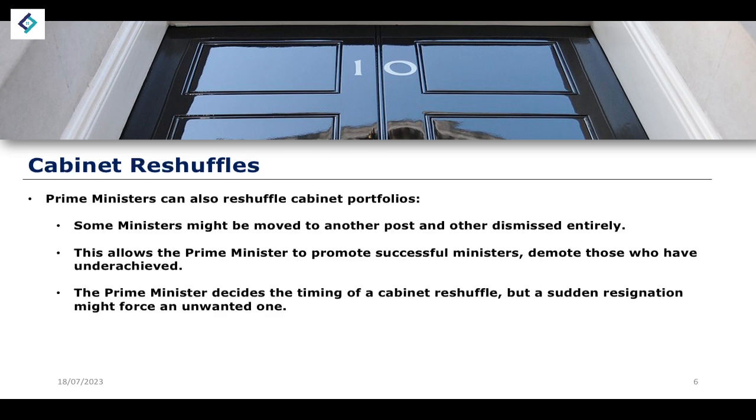We see this, for example, with the resignation of Sajid Javid as Chancellor of the Exchequer, who was ultimately replaced by Rishi Sunak under the Johnson administration, which is quite an interesting example, where the Chancellor of the Exchequer actually had disagreements with the Prime Minister in terms of the direction of public policy, the direction of economic policy.